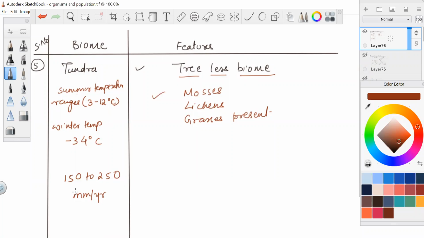So tundra forest has 150 to 250 millimeter per year annual precipitation, mean annual precipitation.